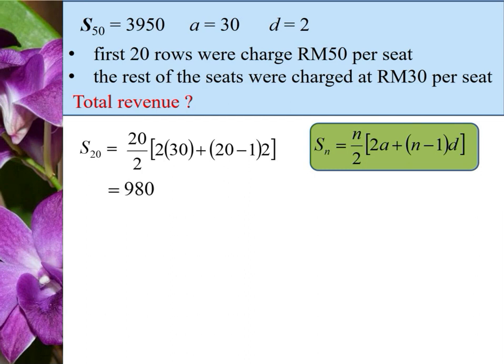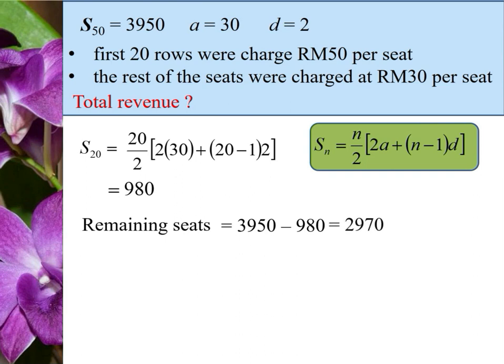How do we get that? Just substitute into the sum of arithmetic sequence formula. So the remaining seats will be the total number of seats in the amphitheater minus the number of seats for the first 20 rows, which is 980, and you get the remaining seats as 2,970.